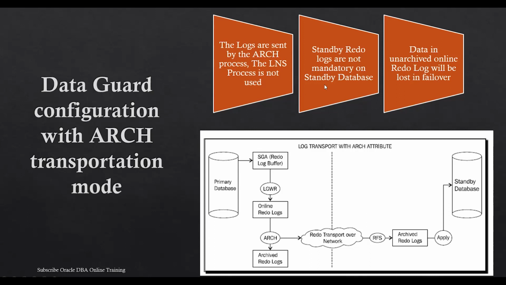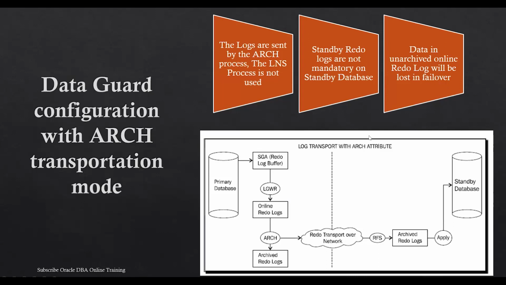These are the things that are written on the PPT as well. The logs are sent by the archive process, and the LNS process is not used in this case. Standby redo logs are not mandatory on the standby database, and data in the unarchived online redo log will be lost in failover.